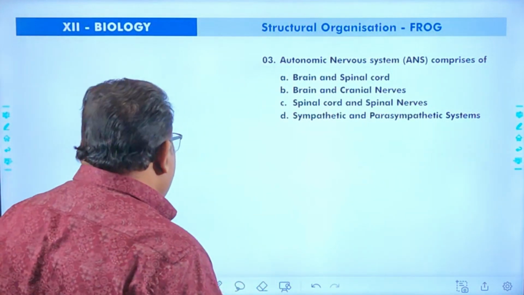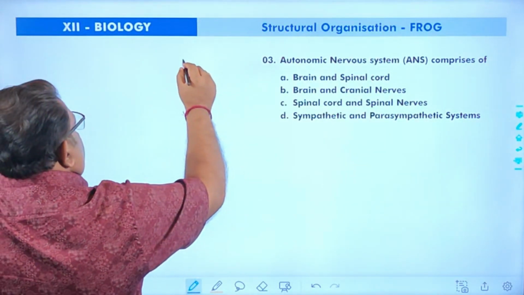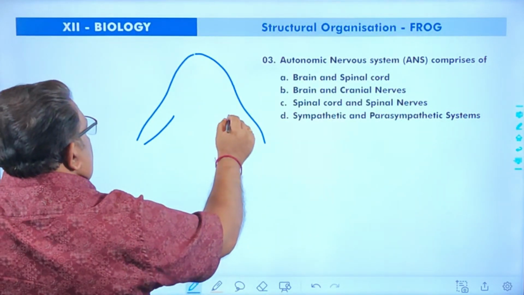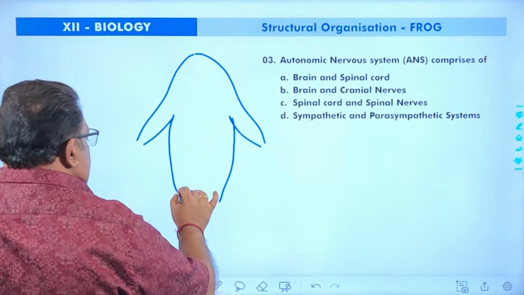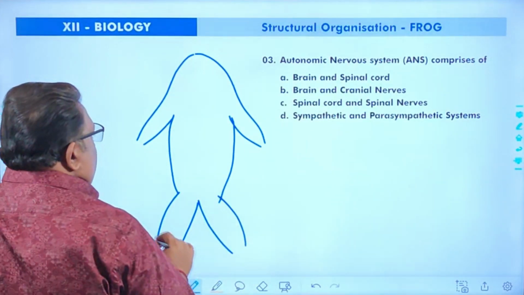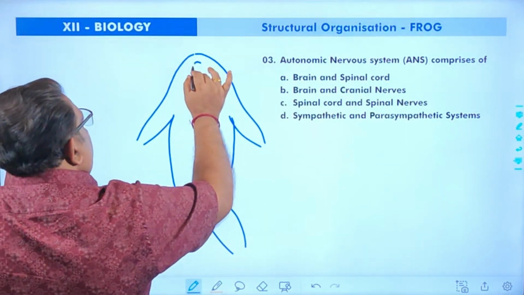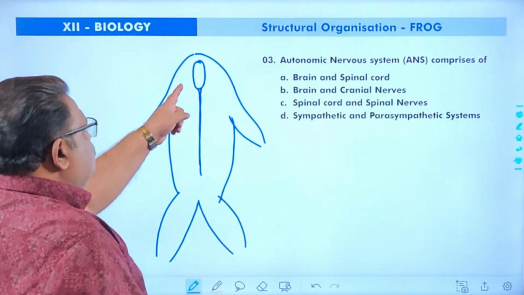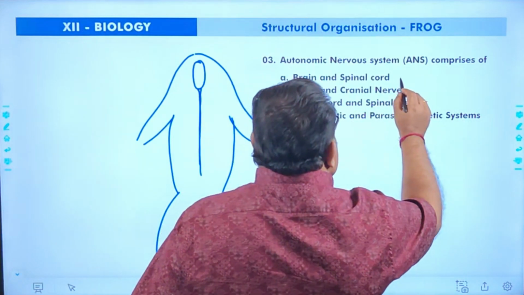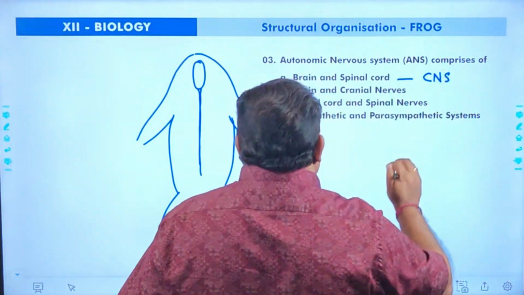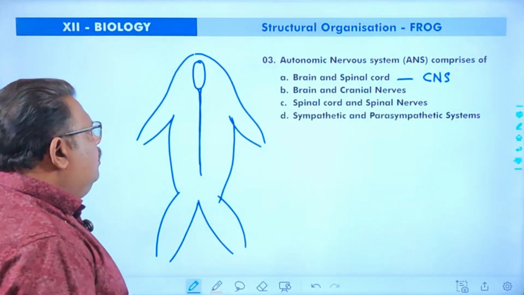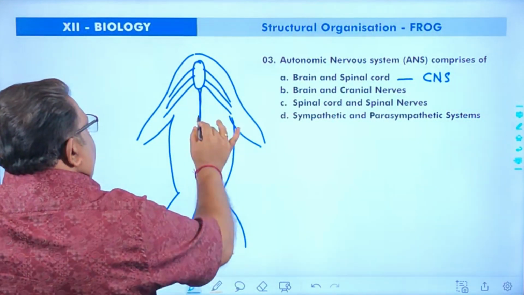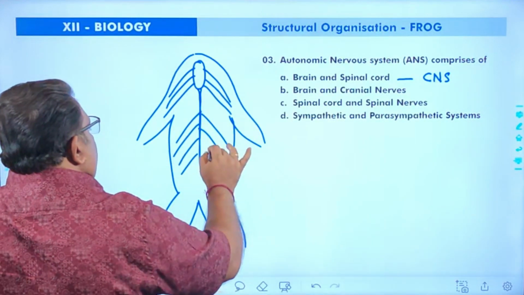In the case of frog, there are 3 types of nervous systems. Suppose this is the body of frog. So here comes the brain and here comes the spinal cord. The brain and the spinal cord form what is called the central nervous system, otherwise called CNS, because they are centrally located. From the brain, some fibers are developing, and from the spinal cord also some nerves are developing.